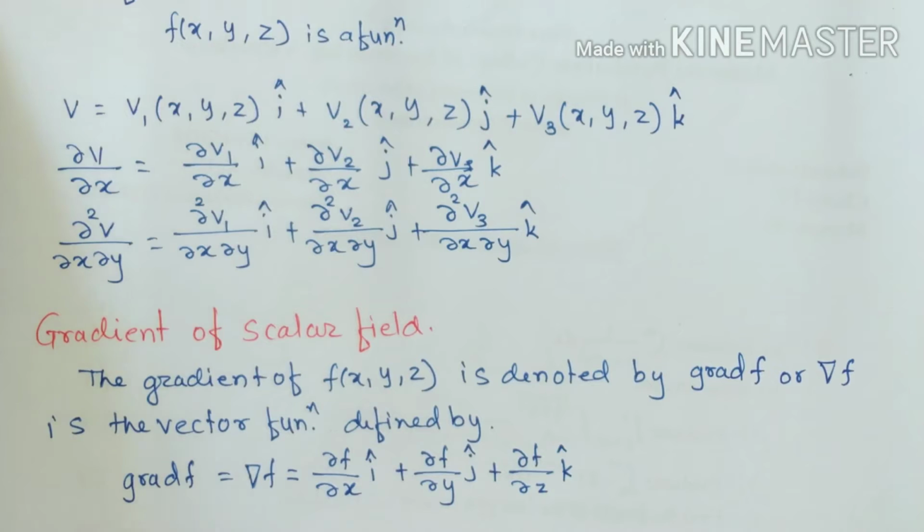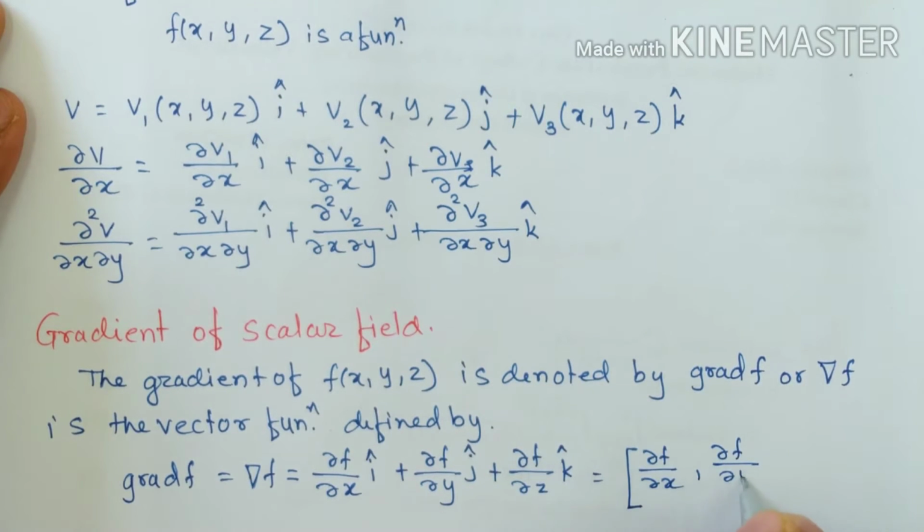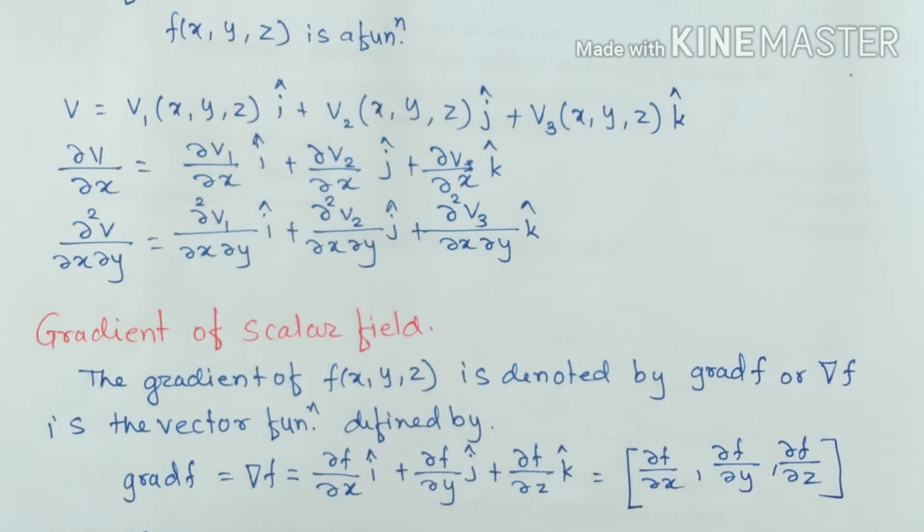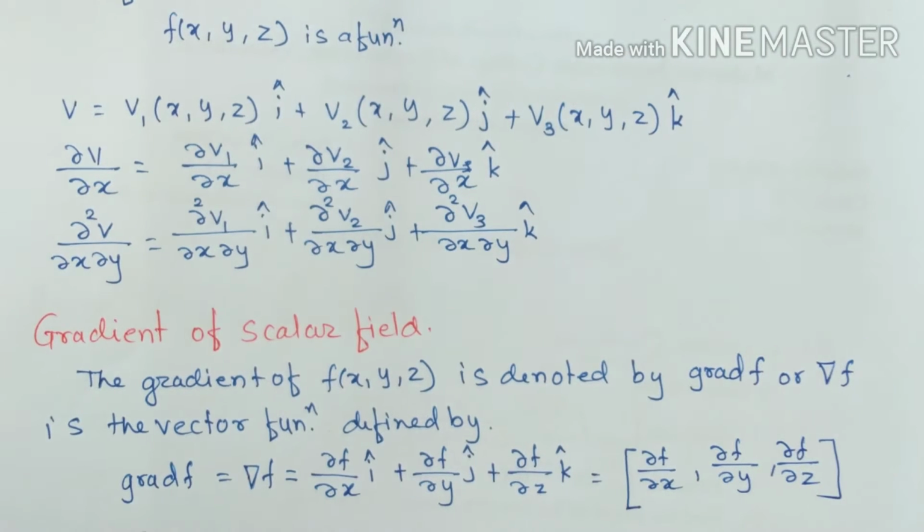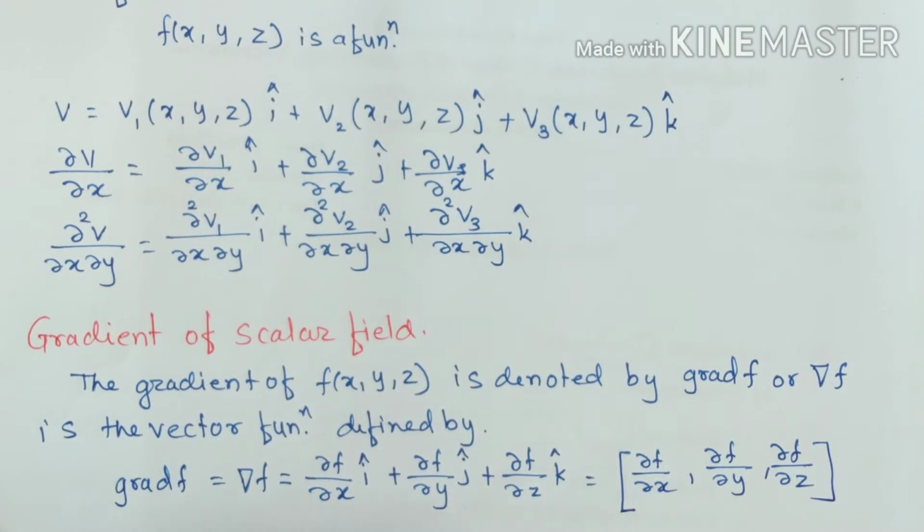So this way one can give the value of gradient of f. In point form, it is given as del f by del x, comma, del f by del y, comma, del f by del z. Here del is a differential operator. Del is called a differential operator.